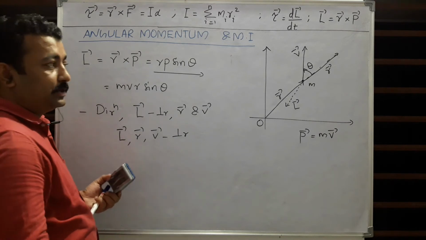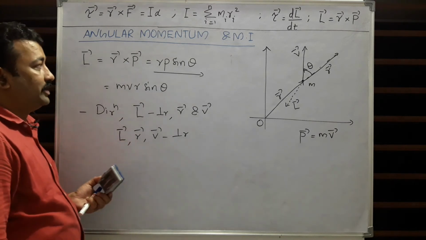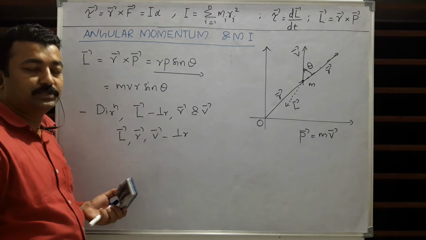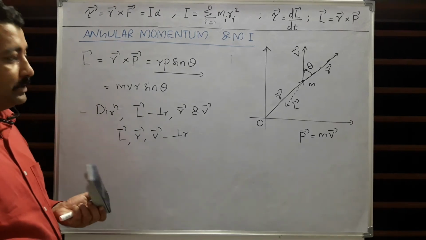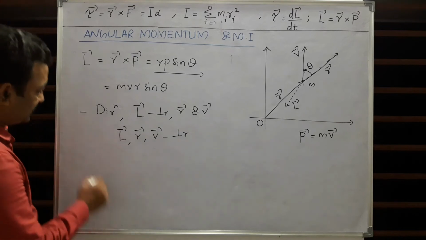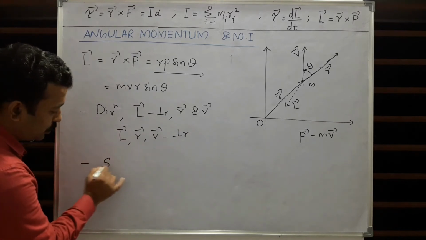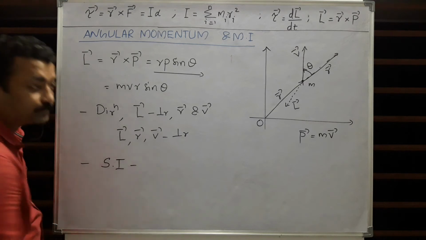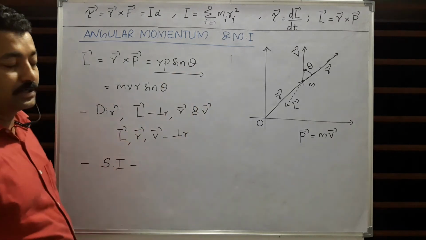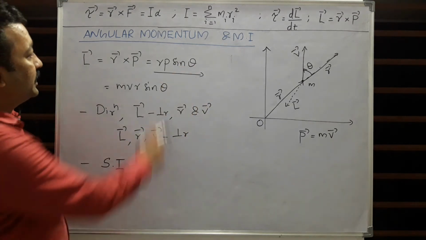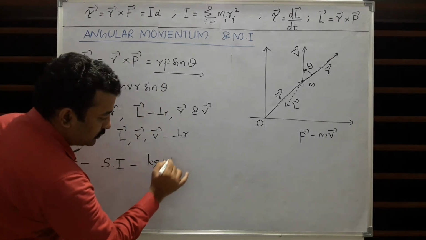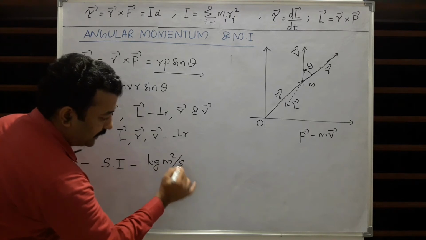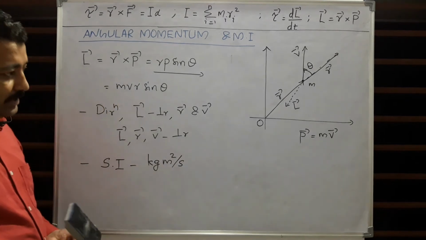So what is angular momentum? Mathematically we have defined it as the cross product of the position vector with the linear momentum of the particle. We can say the SI unit of this will be: momentum has kilogram meter per second, and another r is added, so kilogram meter square per second will be the unit.